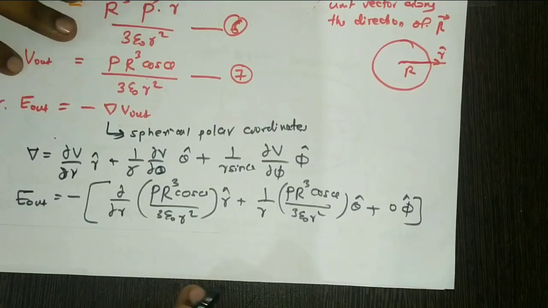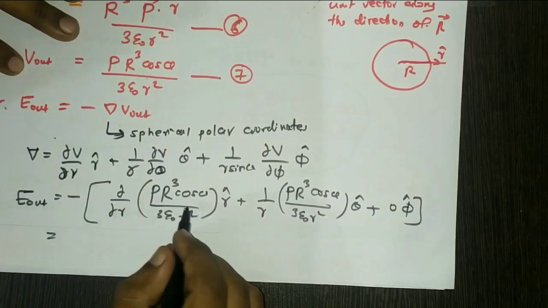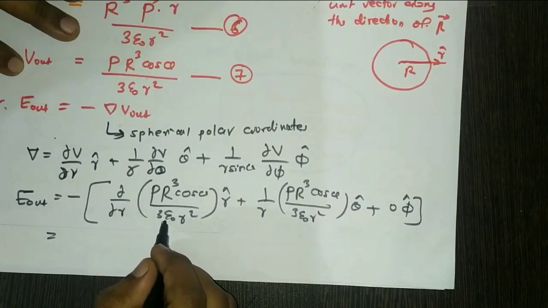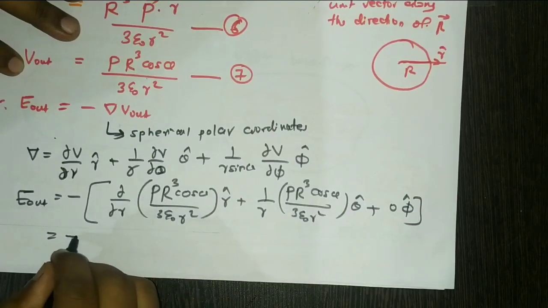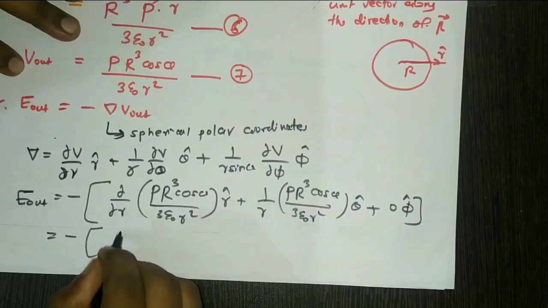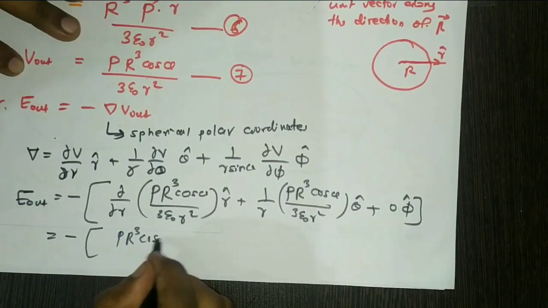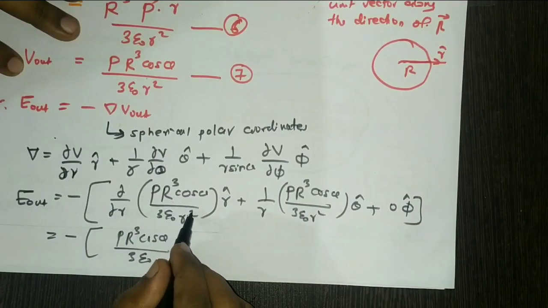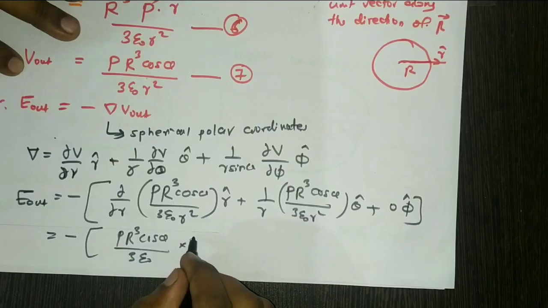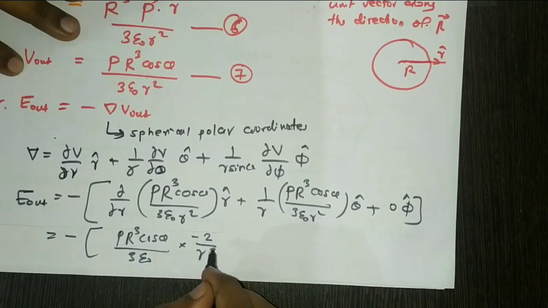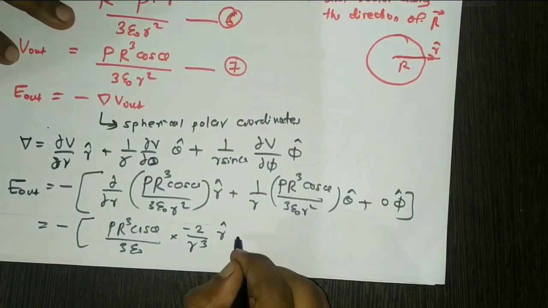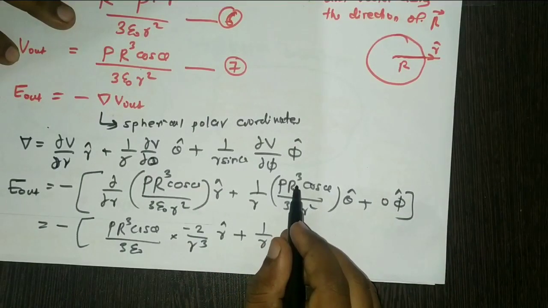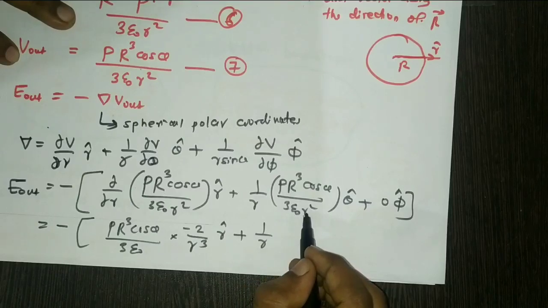Now proceed with the differentiation. Here P R cube cos theta by 3 epsilon 0 is constant, that you can take outside. P R cube cos theta divided by 3 epsilon 0, dou by dou R of R power minus 2, that will be minus 2 by R cube, R cap, plus 1 by R. Here P R cube by 3 epsilon 0 R square is constant.